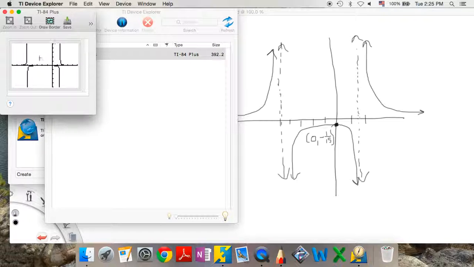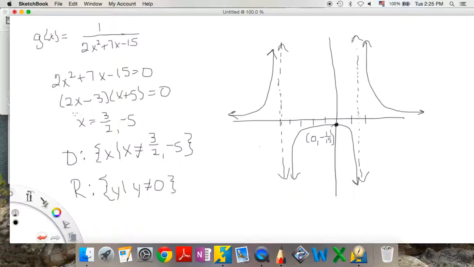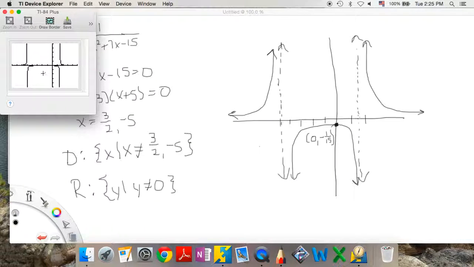So I just wanted to show you that on your calculator it'll give you a good idea of what it looks like, but you have to realize where the asymptotes are and what it can and can't be, just so that you can figure out what the calculator is trying to tell you.